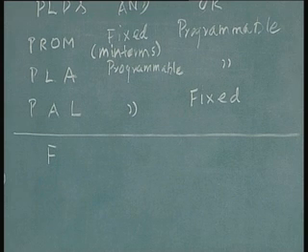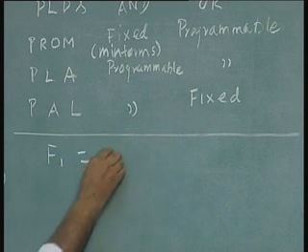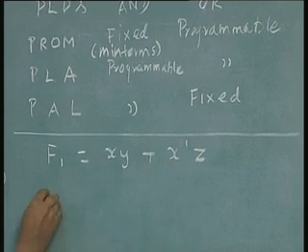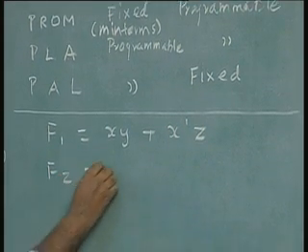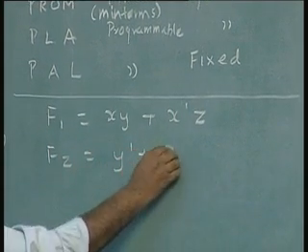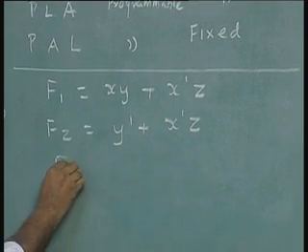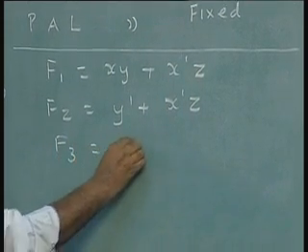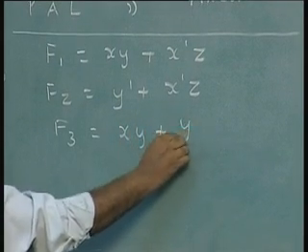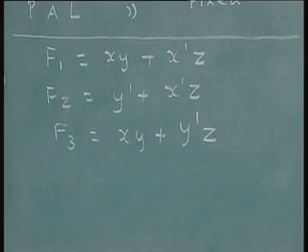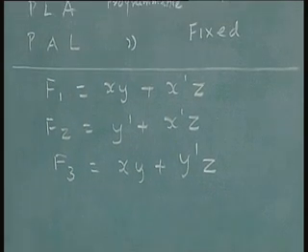So, it was F1: xy, x bar z; F2: x bar z; F3: xy, y bar z.